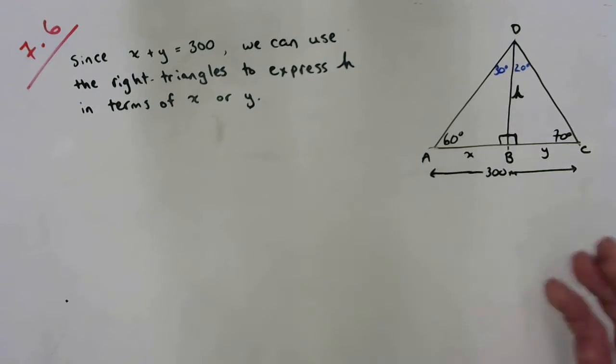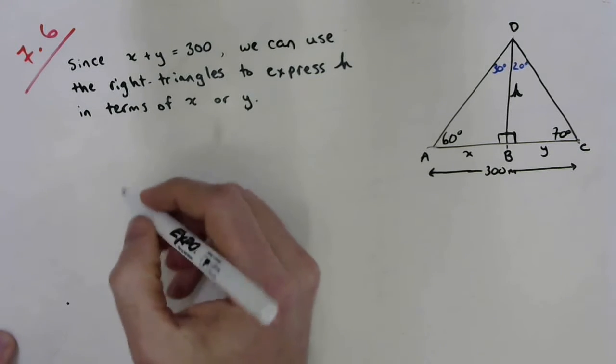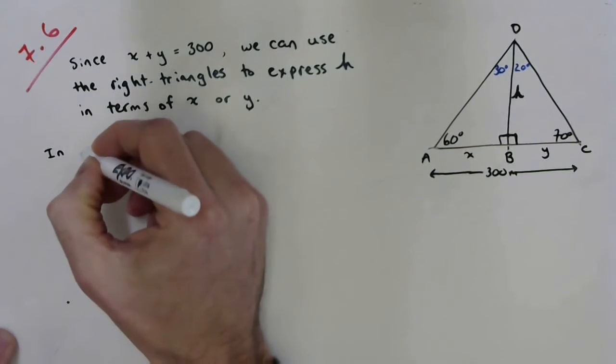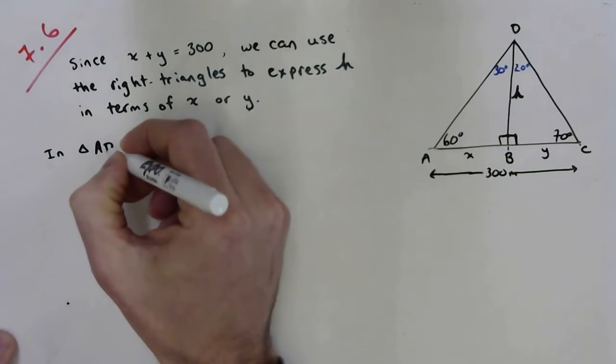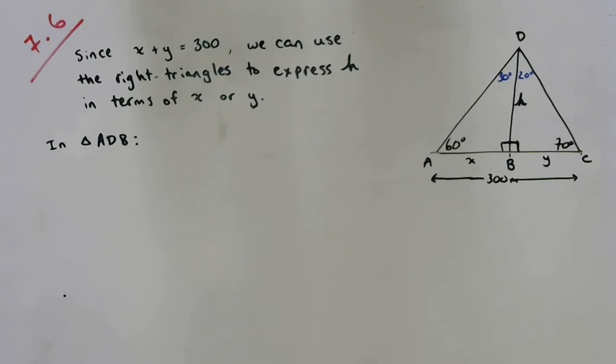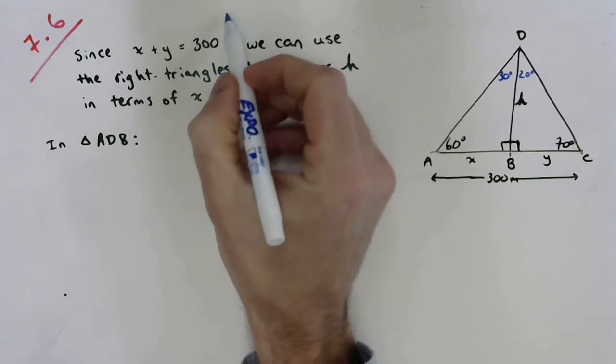All right, so we've got two triangles. Let's look at triangle ADB first, and we're going to separate this into two columns. In triangle ADB, what can we say about h? Well, let's think about the tools that we have.